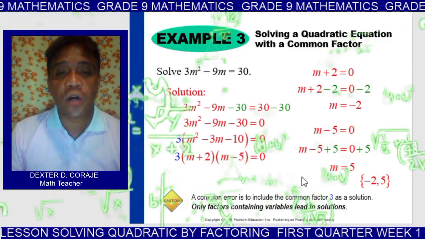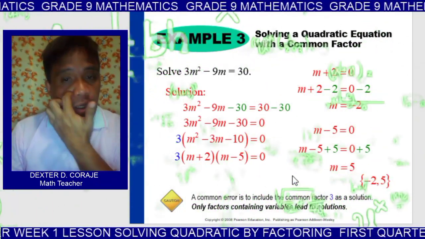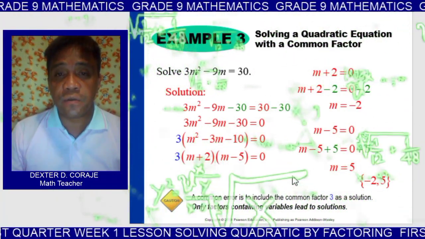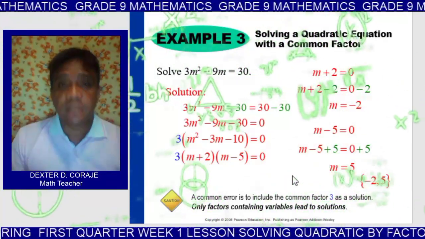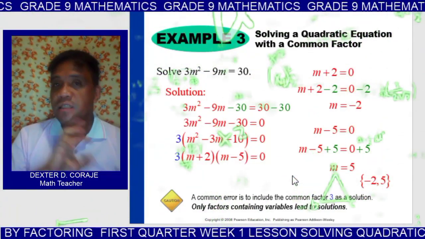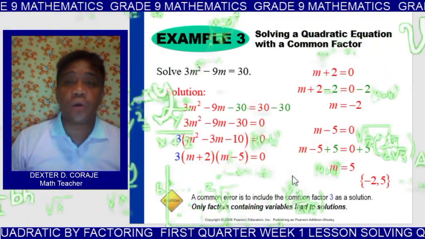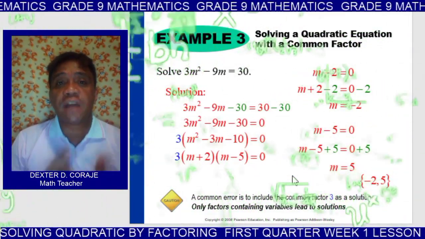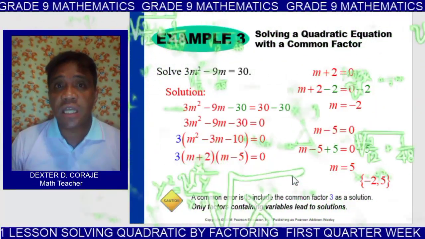Take note that a common error is to include the common factor 3 as a solution. Only factors containing variables lead to solutions. Okay, take note, what does it mean by that? Since 3 is a constant number, then as it says there, if we make use of the factored form, every factor will be equated to 0. Then take note that 3 is not equal to 0.